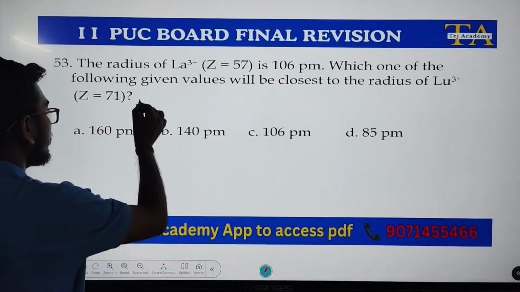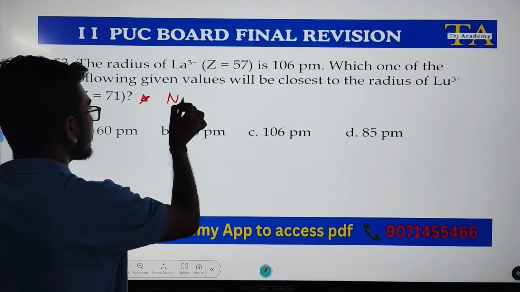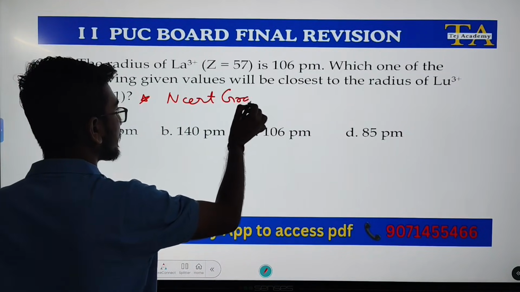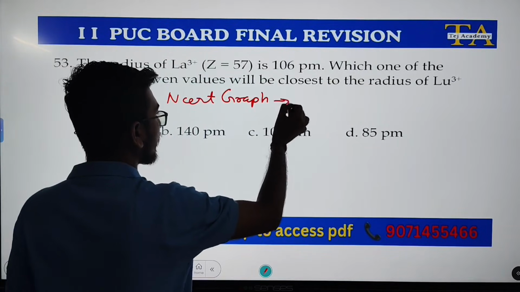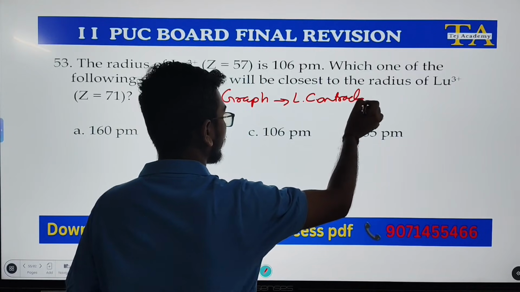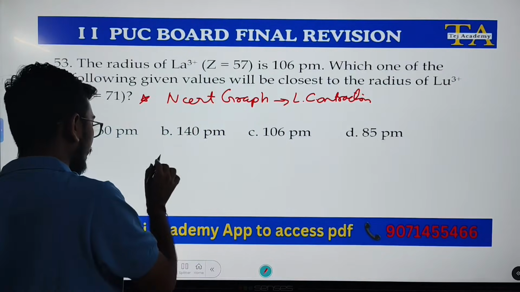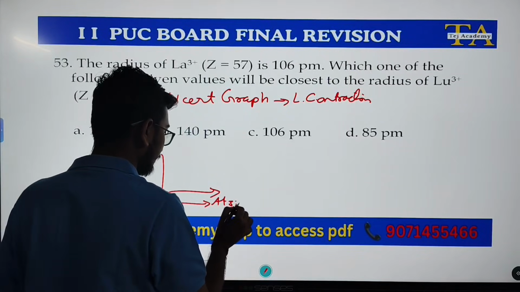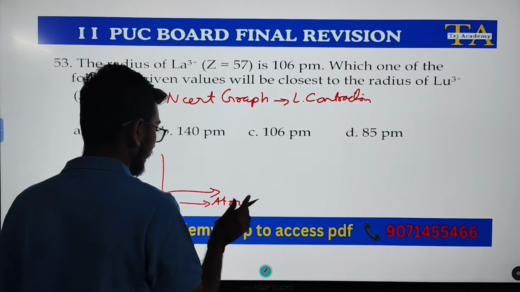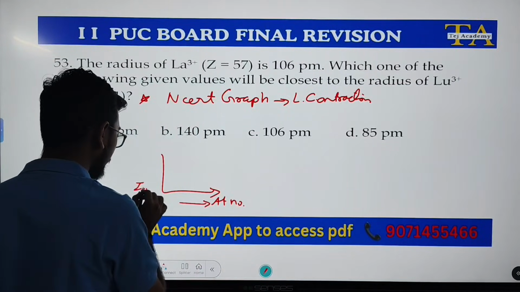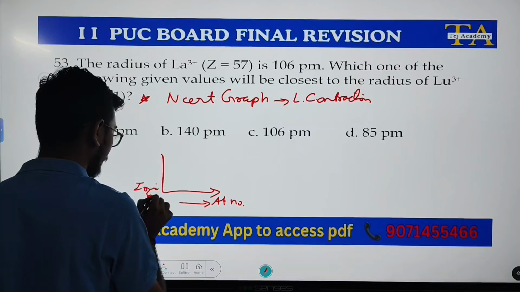So this question is based on your NCERT graph which is present in lanthanide contraction. Okay. So if you see the graph, here atomic number, here ionic size.